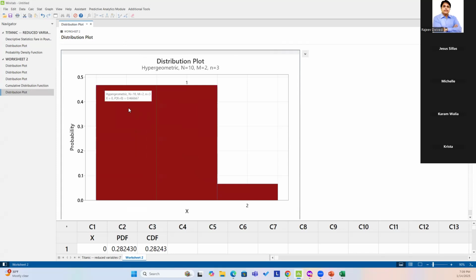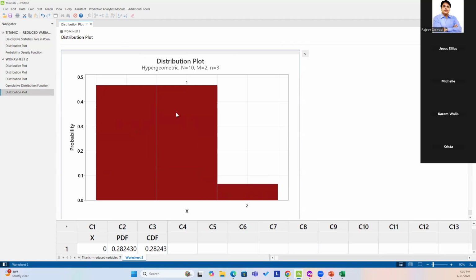So look into that. If you took 3 samples out of 10, what is the probability that out of 3, nothing will be defective? 46%. 1 will be defective, 46%. 2 will be defective, about 6%. Or cumulative.